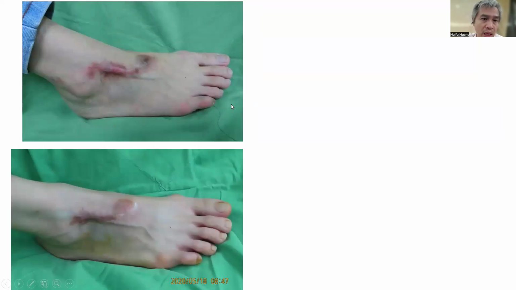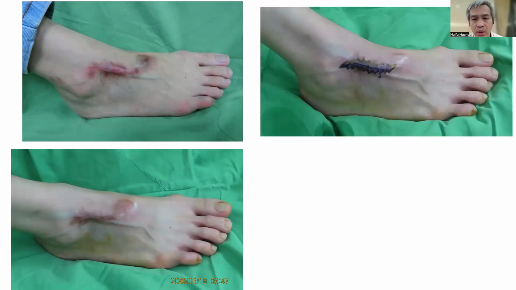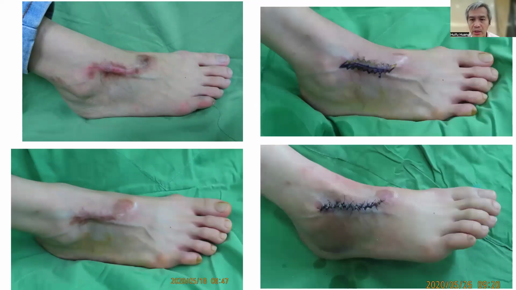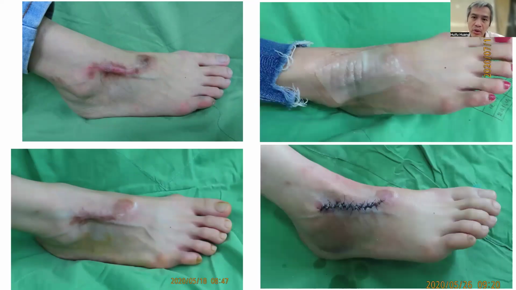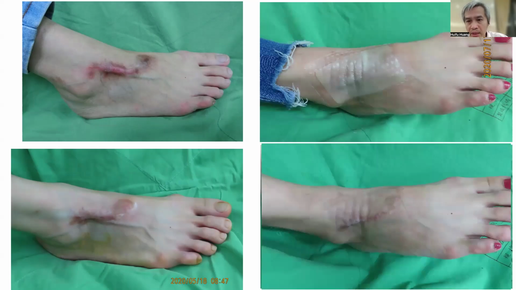This is a trauma scar over the right foot dorsum with elevated and firm scar tissue. I treated the scar with excision and steroid injection, and finally the scar healed. Also silicone sheeting. The scar became less obvious after treatment.